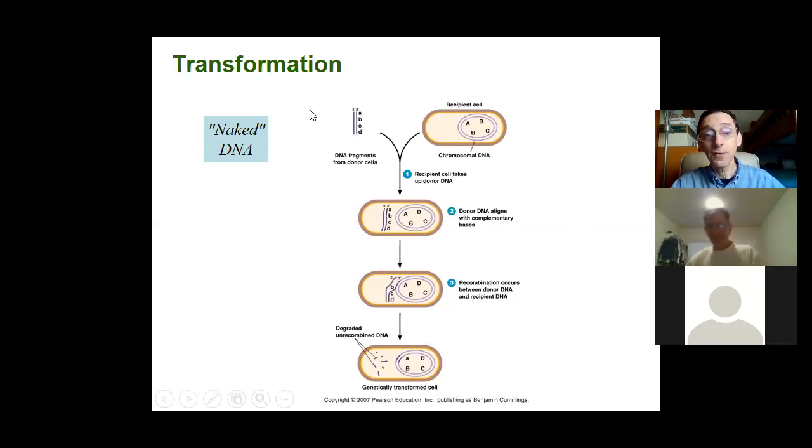By transformation in bacteria, it happens 1 in 10 to the 5 cells, meaning it happens 10 times more frequently. Any question about that?